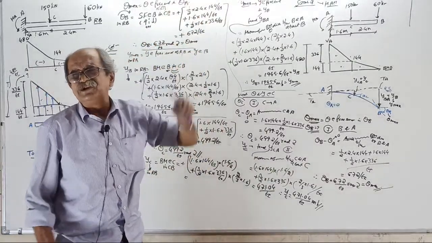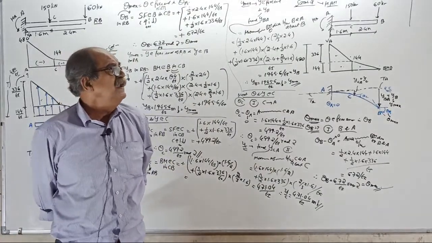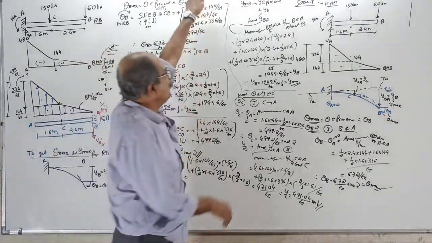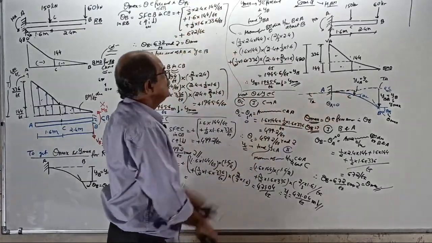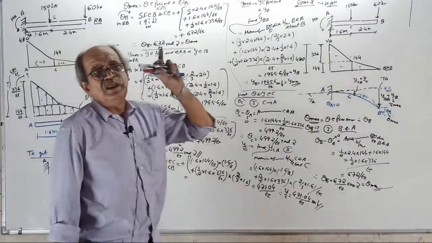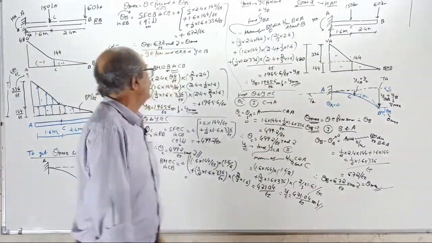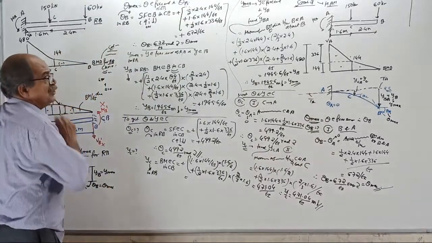Wherever you want to find slope, wherever you want to find deflection, it can be maximum or any intermediate. What calculation came in the moment area method, the same calculation came in the conjugate beam method. In moment area you write for slope the area of the BM by I diagram. Here you write shear force for the conjugate beam.